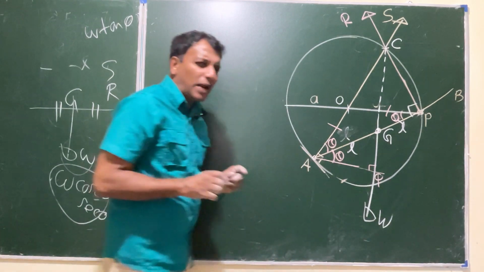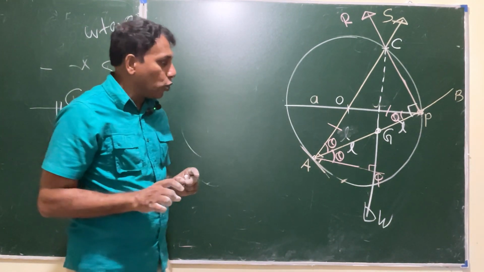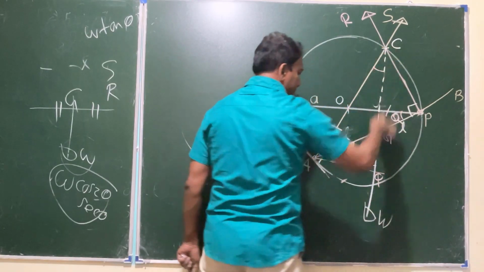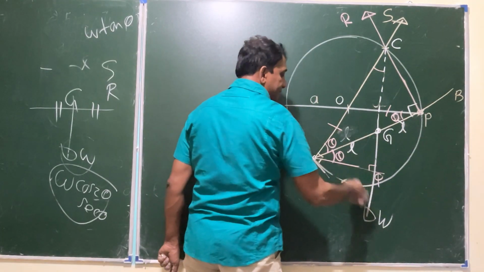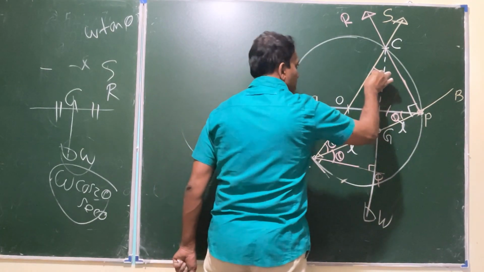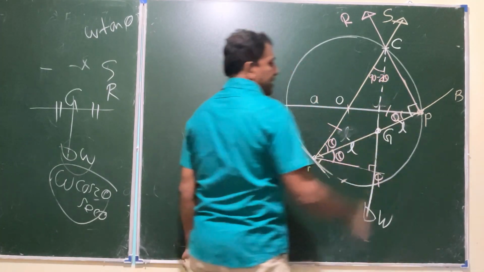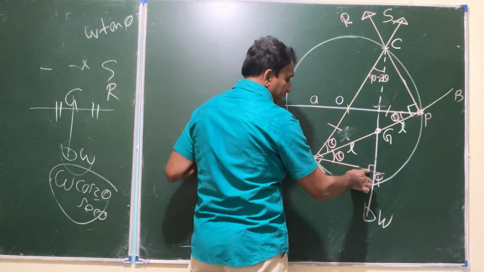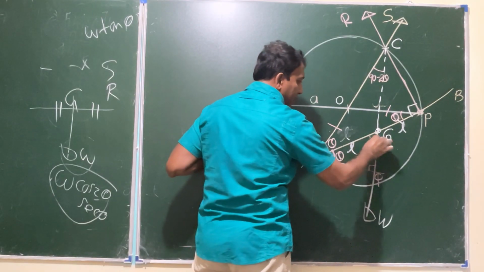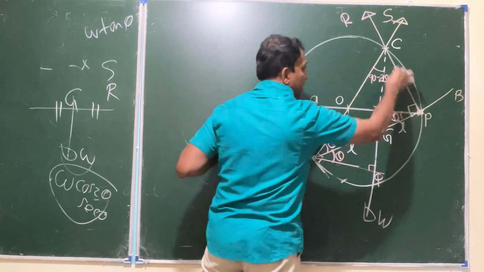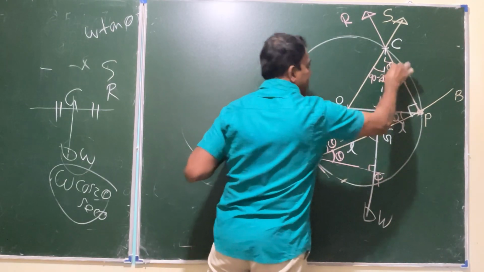I use a simple method by Lami's theorem. What is this angle? Take this right angle triangle: 90, 2 theta. Therefore, this is 90 minus 2 theta. Here 90, theta, 90 minus theta, 90 minus theta. Here theta, check will you, here theta?